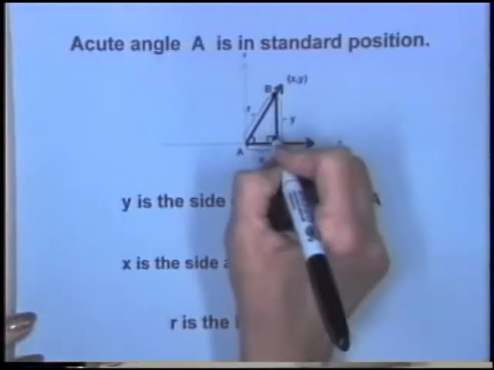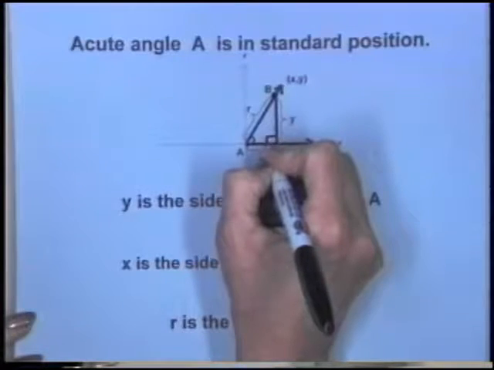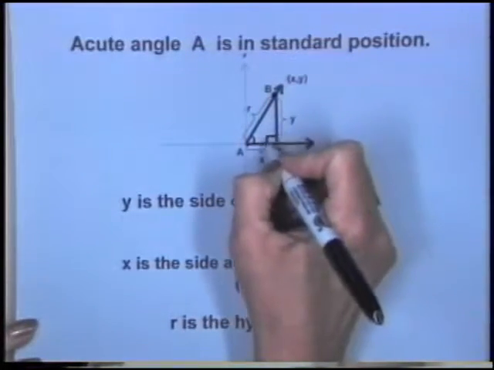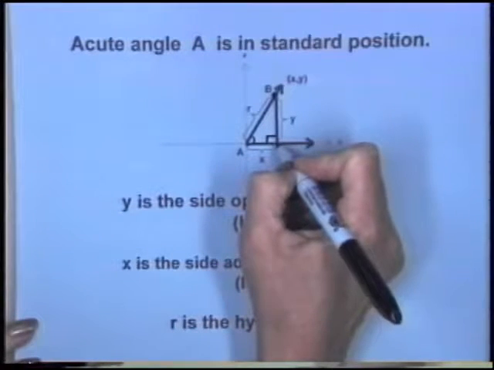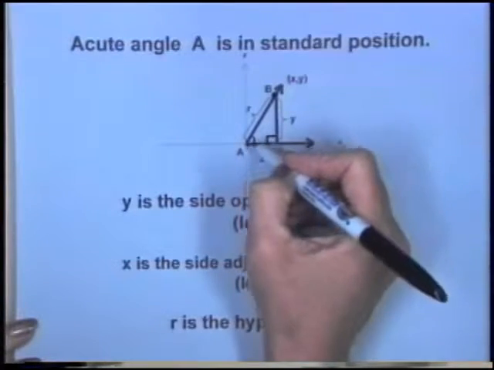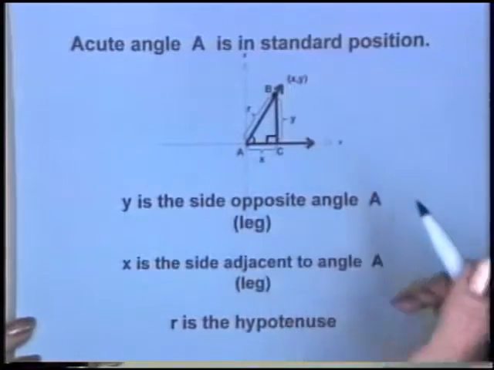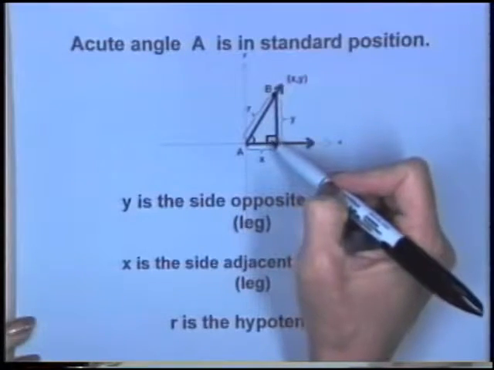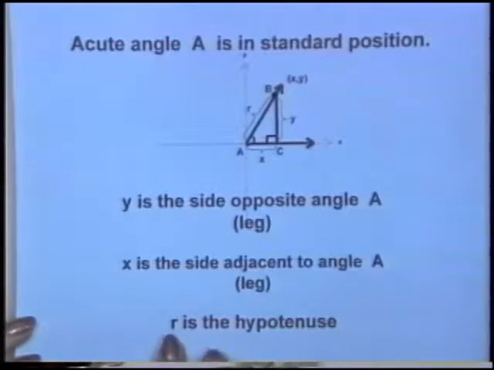For this right triangle, notice that this does form a right triangle with the right angle as angle C that I have labeled here, where r is the side across from the right angle, and if you remember that the side opposite or across from the right angle is called the hypotenuse, r is the hypotenuse.